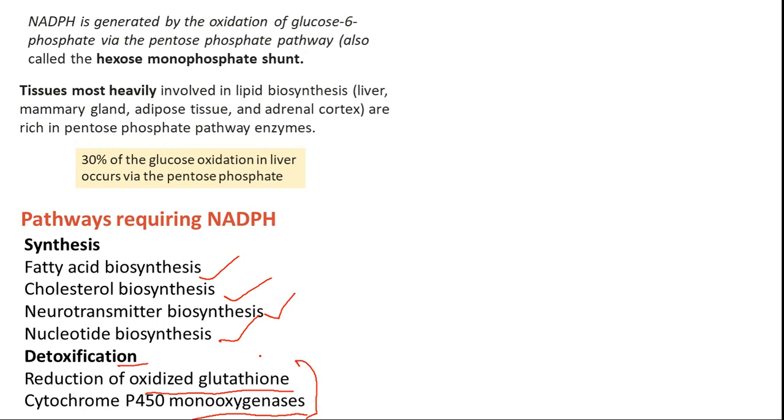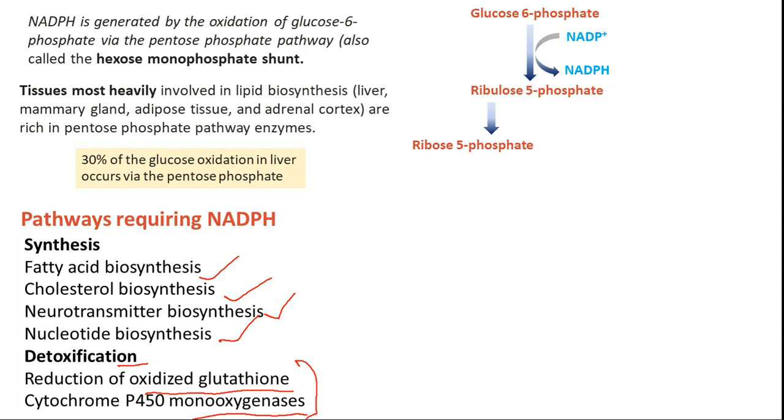Let's see the outline of the pentose phosphate pathway. In the beginning, glucose 6-phosphate is oxidized to ribulose 5-phosphate. Here 1 mole of NADPH is produced, and then ribulose 5-phosphate is converted to ribose 5-phosphate and xylulose 5-phosphate.